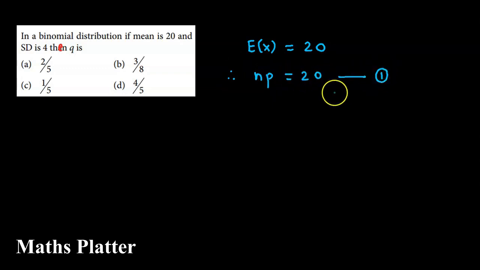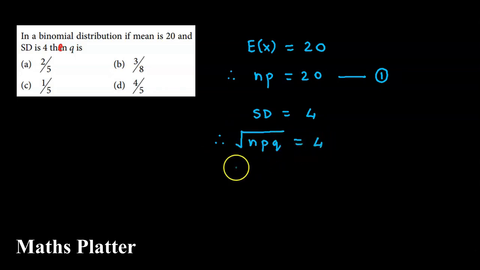Let us label this as equation 1. फिर next दिया है standard deviation. Standard deviation is 4. Now we know that standard deviation of binomial distribution होता है root of npq. So root of npq is equal to 4. अगर हम स्क्वायर करते हैं दोनों तरफ तो ये हो जाएगा npq is equal to 16. ये हो जाएगा इक्वेशन नंबर 2.